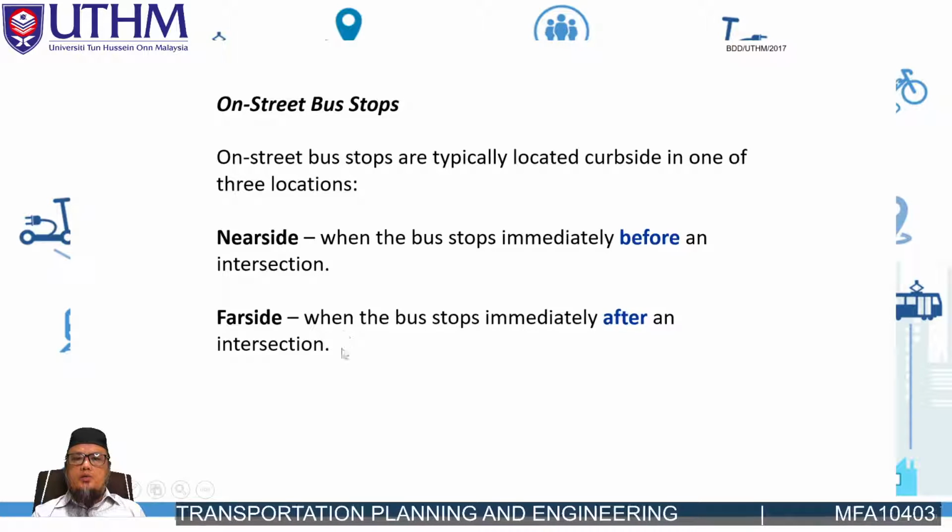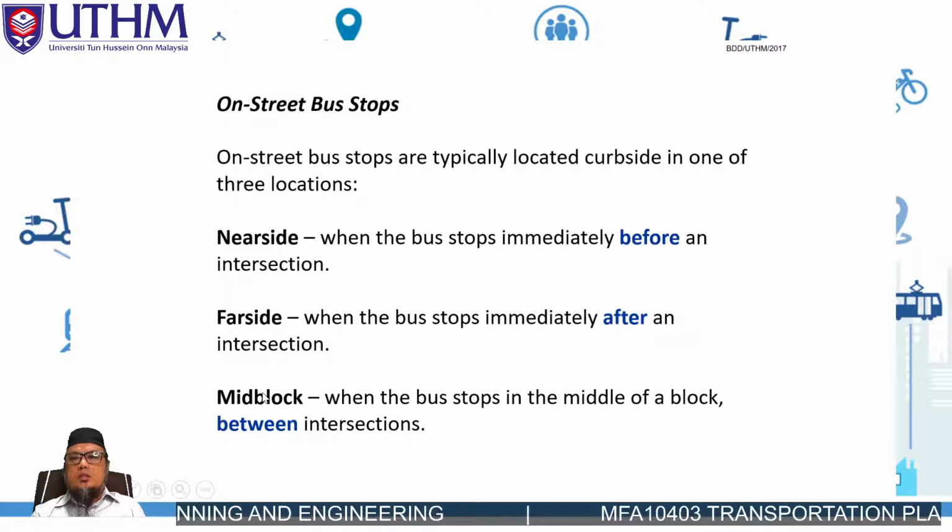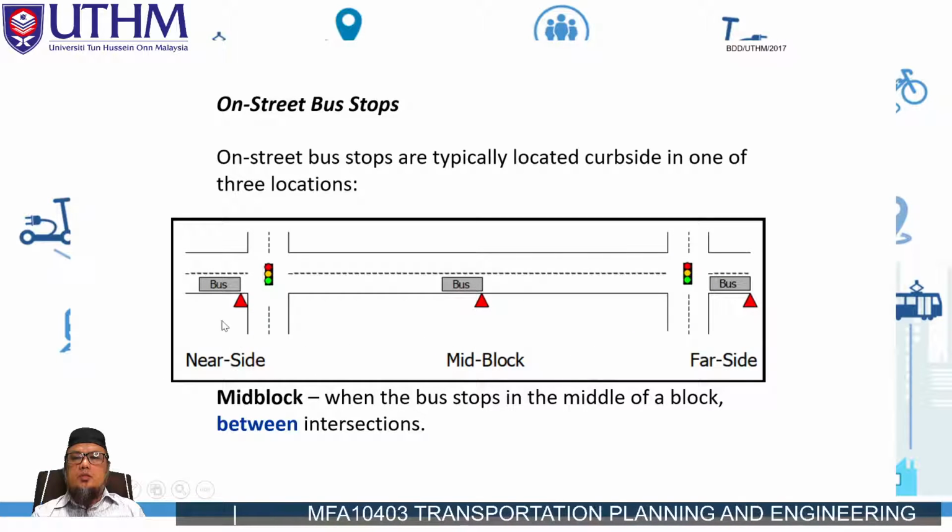The next is a far side stop, when the bus stop is immediately after an intersection. So this one is before, this one is after the intersection. The third type is mid block, when the bus stop is in the middle of the block between intersections. To have a clear understanding, I will share these illustrations. The first one is the near side type. This one is the mid block between the intersections, and the third category is far side, after the intersection.